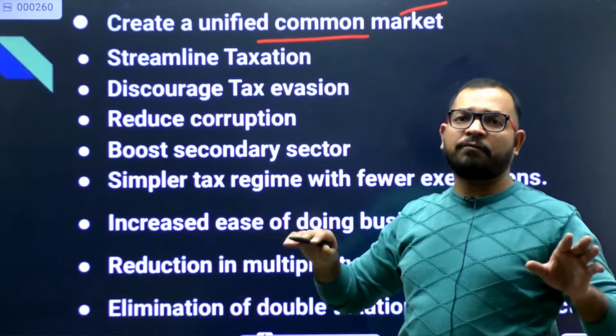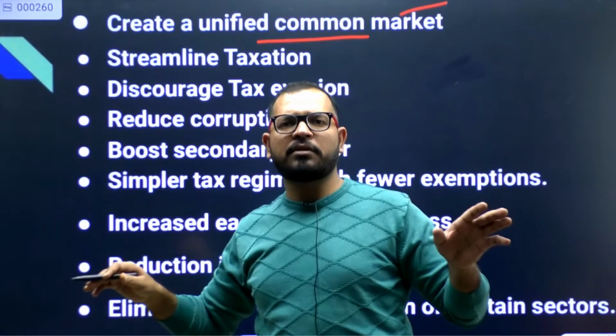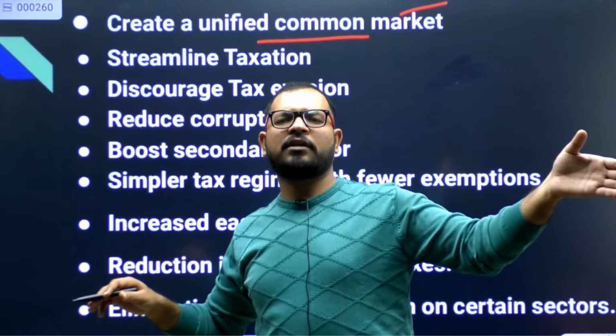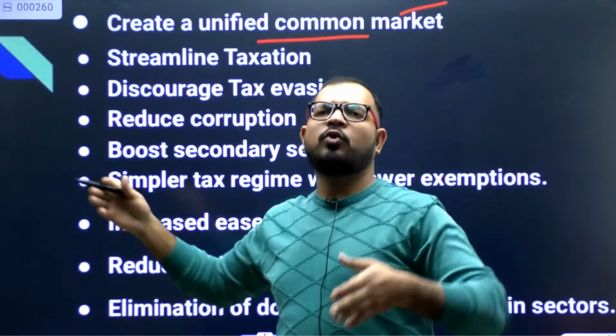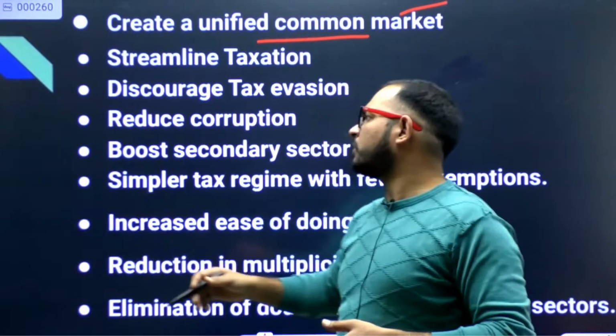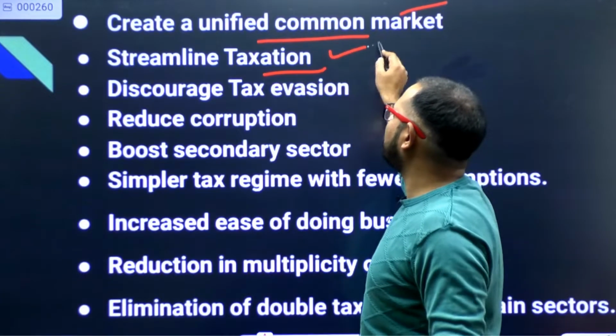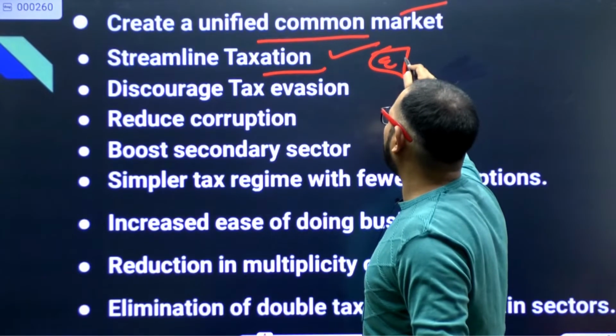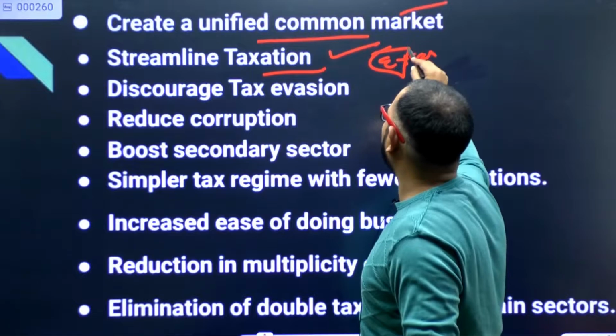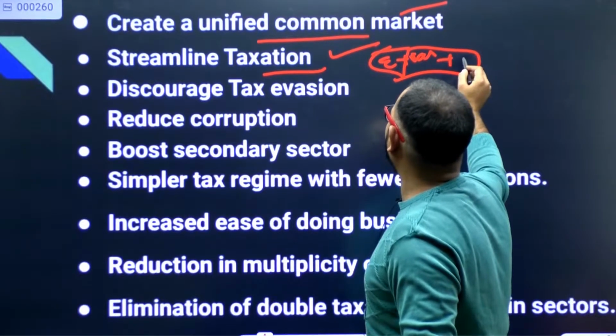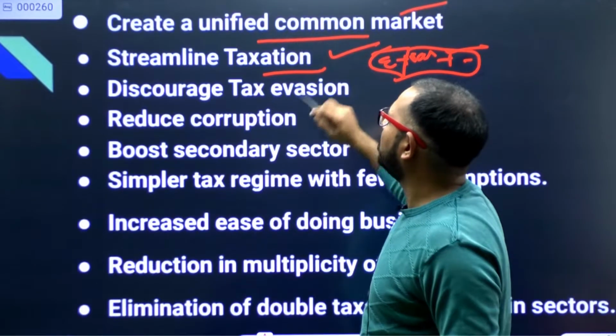For example, let's say a 5% tax structure is there on biscuits. You go to Tamil Nadu, you have to pay 5% tax. You go to Kashmir, you have to pay the 5%. It is streamlining the tax system. Whatever I have said, that now excise, VAT, and other taxes are also subsumed under the GST.